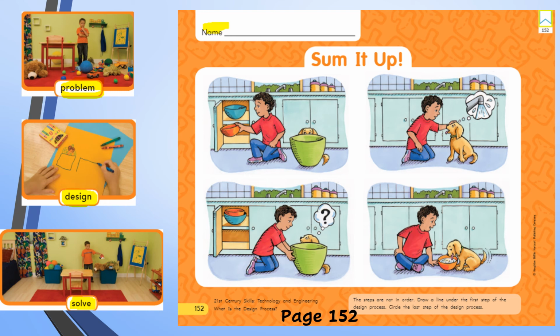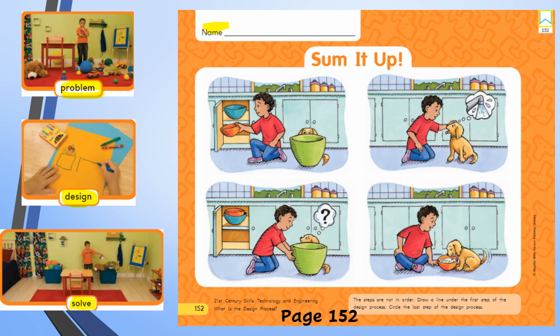And what is the problem here? Okay, is the problem the first picture, the boy trying to get the bowl? The second picture, is the problem that the dog wants water? The third picture, the boy giving the dog a big bowl? Or the last picture, the dog drinking the water? Is that the problem? Okay, remember the problem. We want to draw a line, okay, a line underneath our problem.